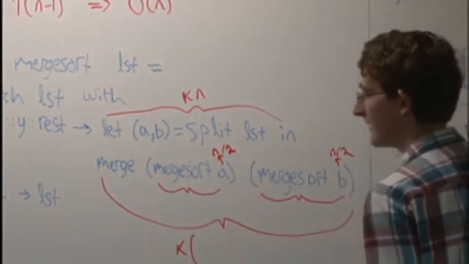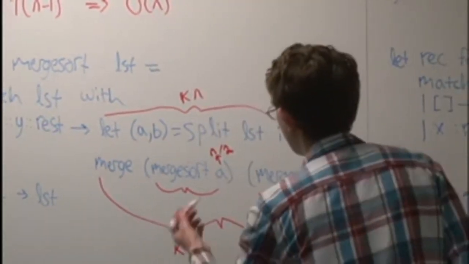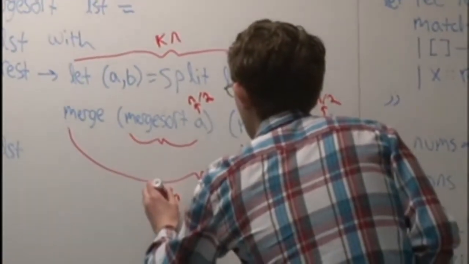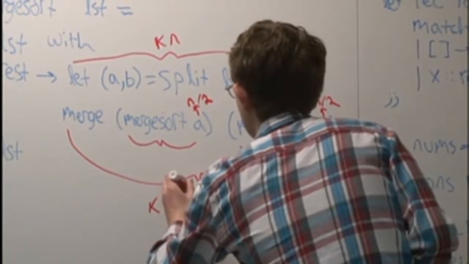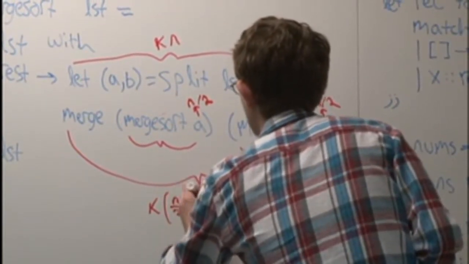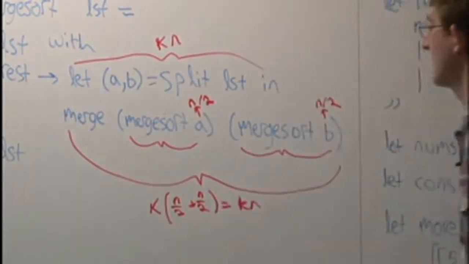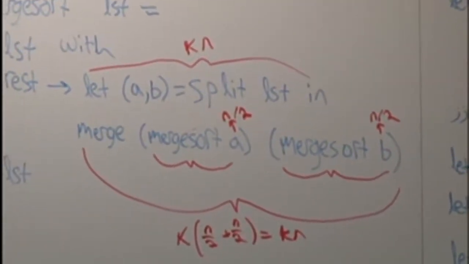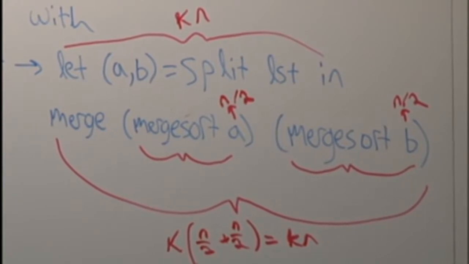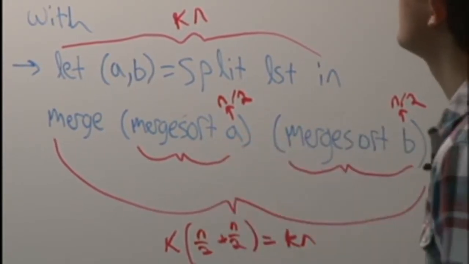So yes, O of m plus n is n over 2 plus n over 2 equals kn. Good.